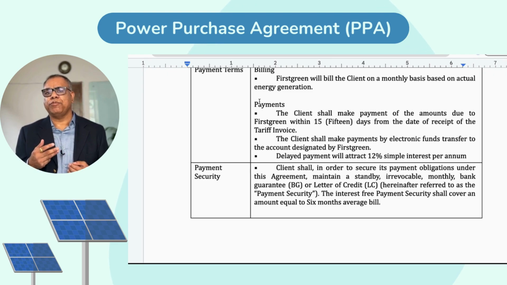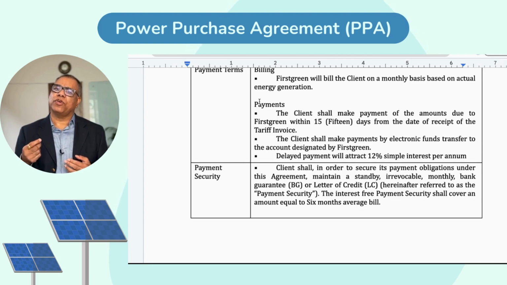This can be in the form of a fixed capital investment in the project, or a deposit to the developer without interest, so an interest-free deposit, or a bank guarantee for the tenure, or a letter of credit, LC, opened for 2 to 6 months, and this is a revolving letter of credit so that you get the payment.